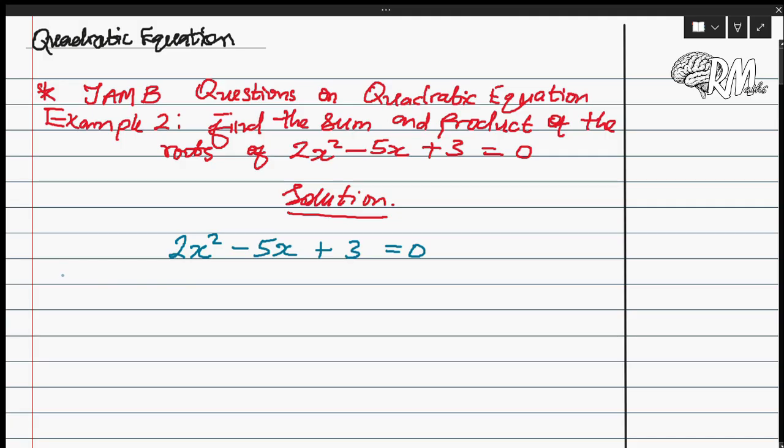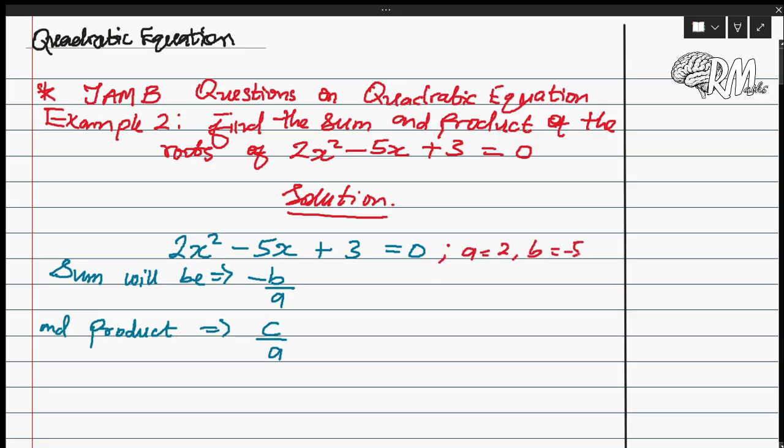Now if you remember our discriminant, we have that the sum will be minus b over a, and the product will be c over a. So from here we can find our a, b and c. We have our a to be 2, b to be minus 5 and c to be 3.